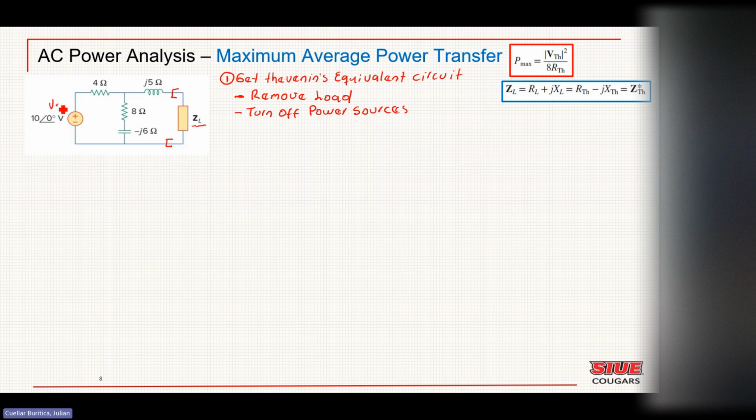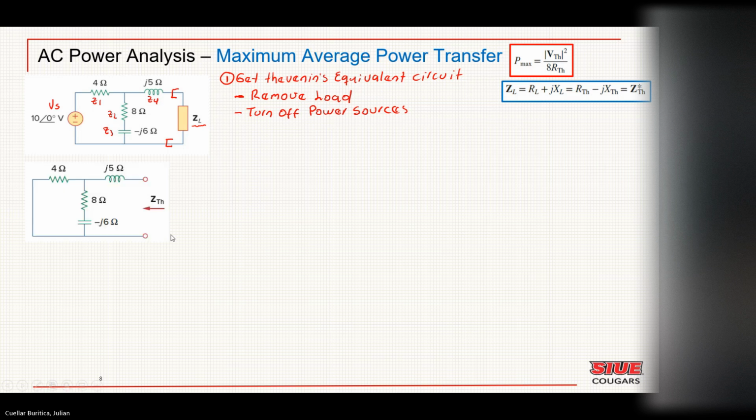Let's label things here: VS, Z1, Z2, C3, and C4. That's a voltage power source. That's going to be now a short circuit, right?